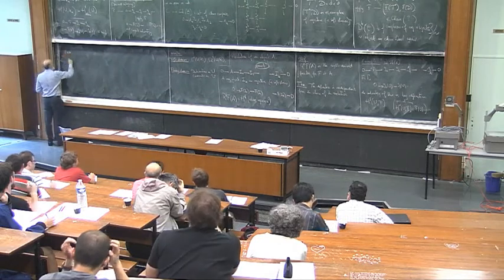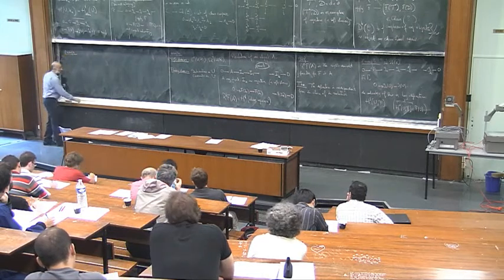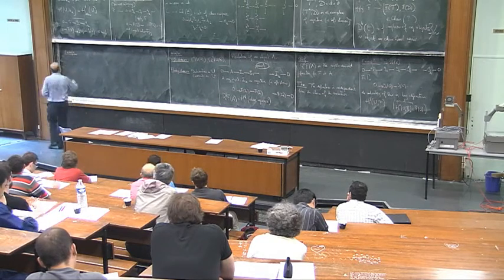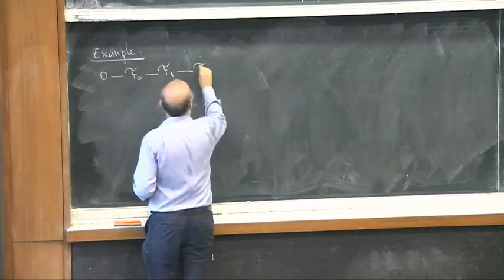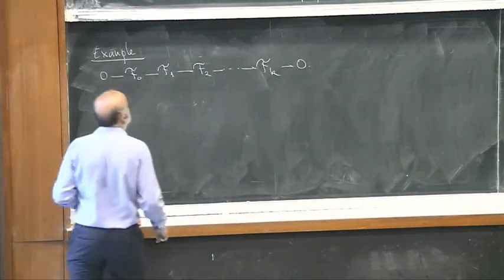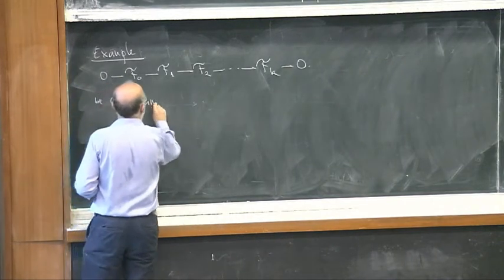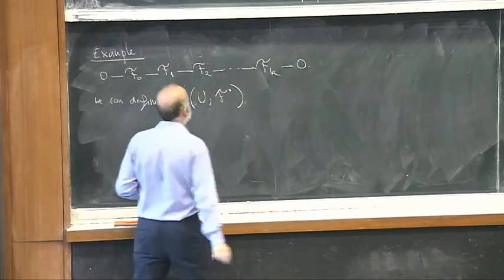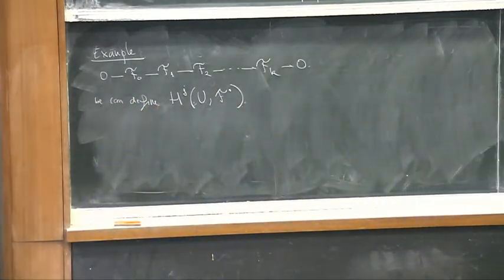So example. Well, now we can say what is the cohomology, not of a single sheaf, but of an exact sequence of sheaves. So if I have a sequence, so we have sheaves like this, then we can define the cohomology of U with coefficients in F in this complex.